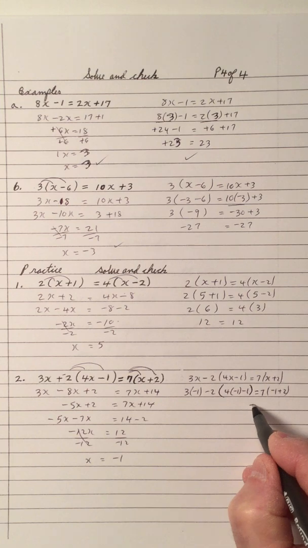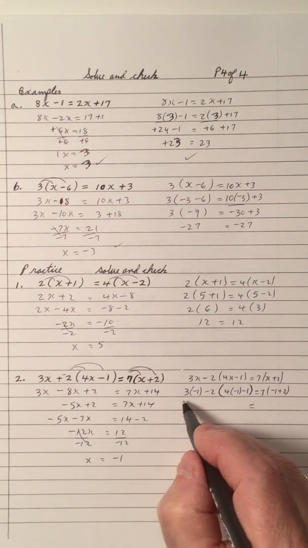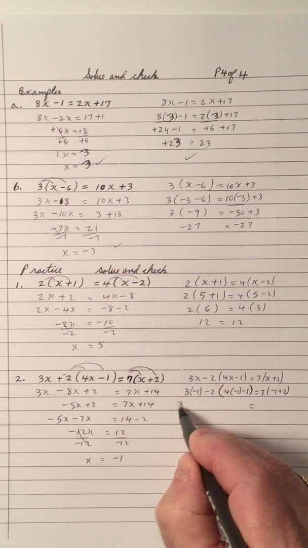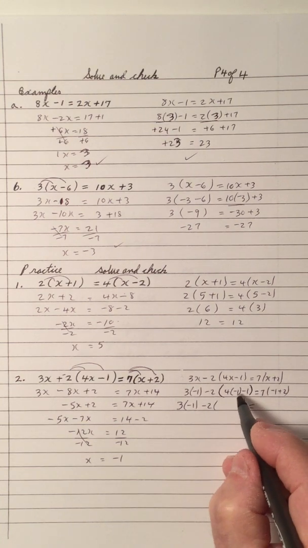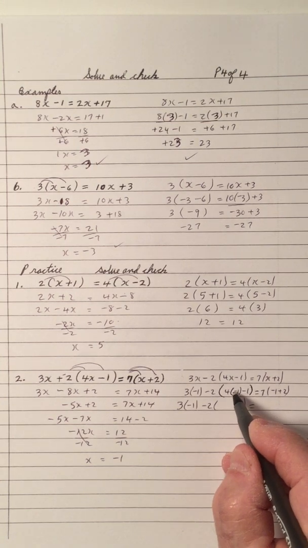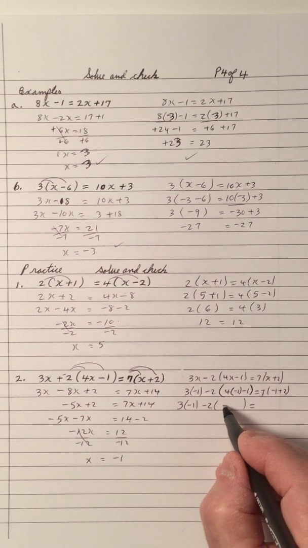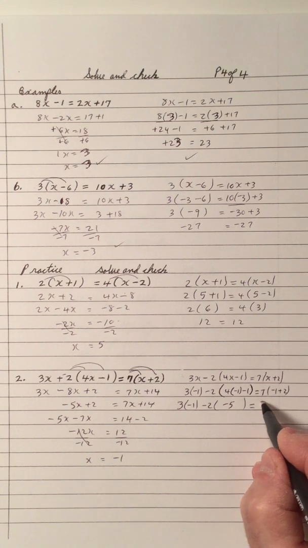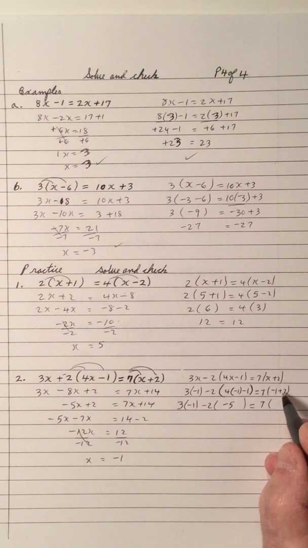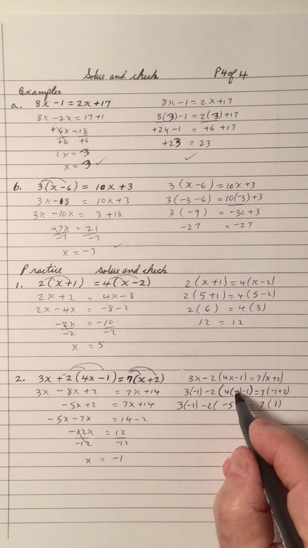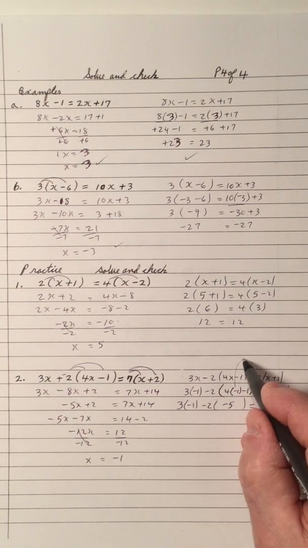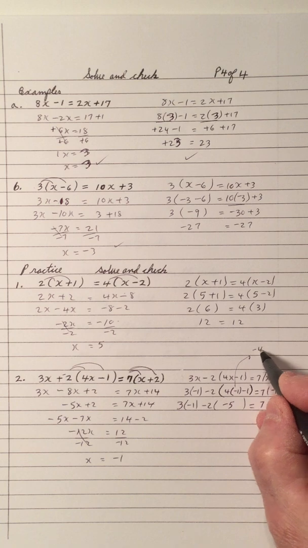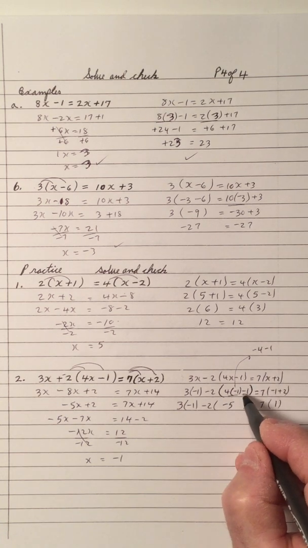Okay. Now I'm doing each side. I have to simplify the inside of the brackets first. So I see this is a 4 times negative 1. So that's negative 4 minus 1, which gives a negative 5. And negative 1 plus 2 is 1. Notice I did this in my head, because I multiply before I subtract.